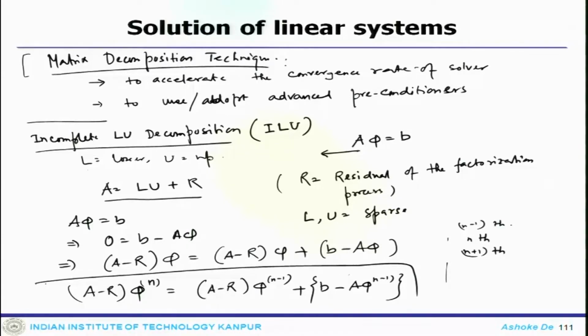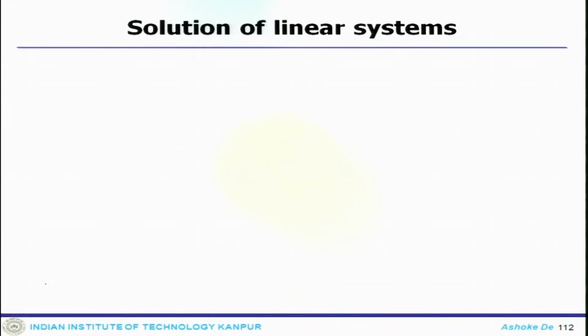Now, you can find the solution at iteration level n using the value at n minus 1 such that phi n equals phi n minus 1 plus phi prime n, which is nothing but a correction factor being used.